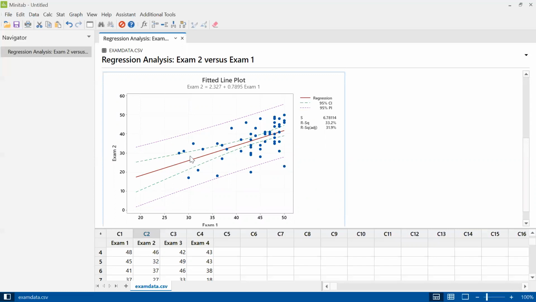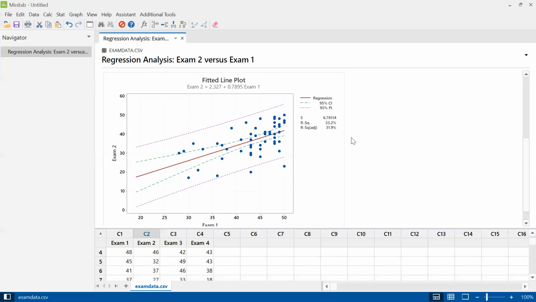This dashed line just above and below is a range where we think that the mean might be for each exam 1 score. So for all the people who got 45 on exam 1, what do we think their mean would be on exam 2? We think it would be somewhere between those two dashed lines.